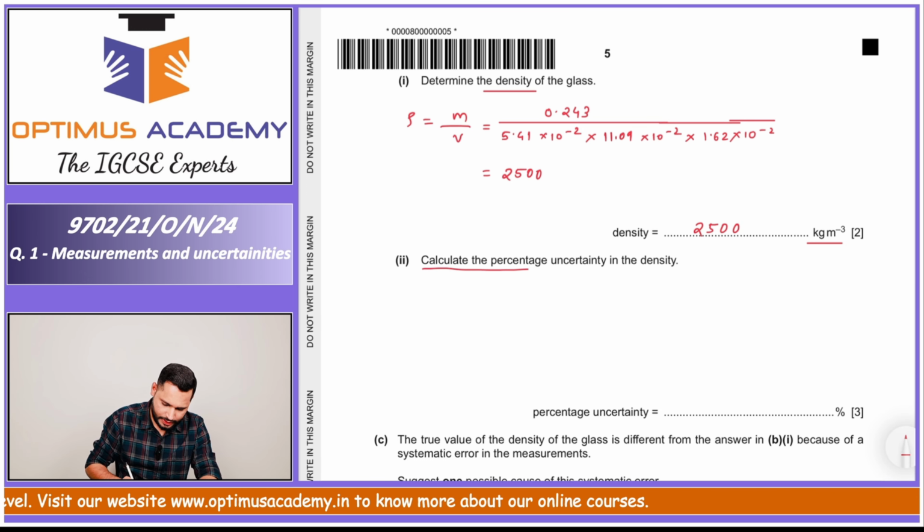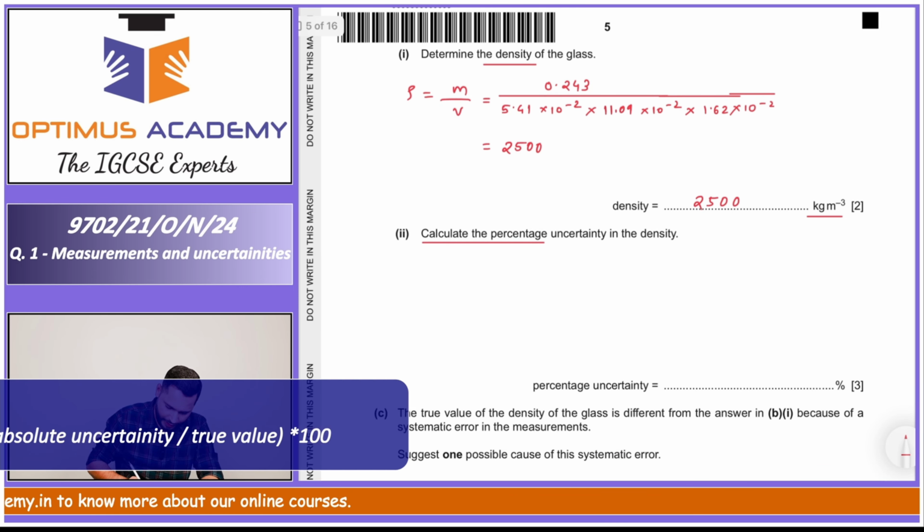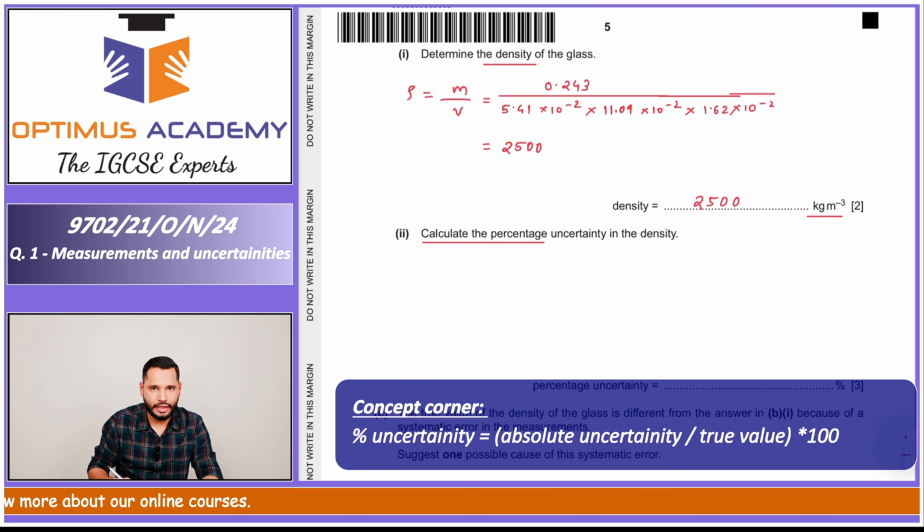The next question is calculate the percentage uncertainty in the density. To calculate density, we have used mass and the three dimensions of the lengths. So to calculate the percentage uncertainty in the density, we have to calculate the percentage uncertainty in each and every quantity.